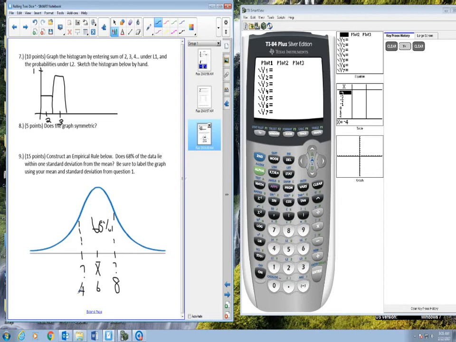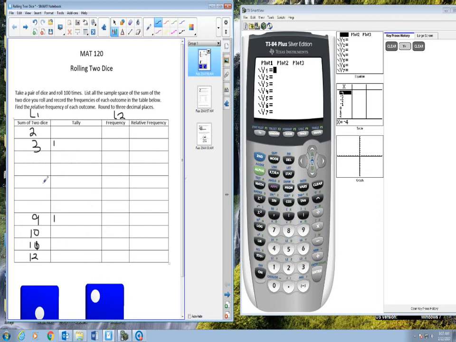So you go to your chart, your first page. Let's say this is 4, 5, 6, 7, 8. Let's look at these frequencies, 6 all the way to 8, and let's see how many I got here total.